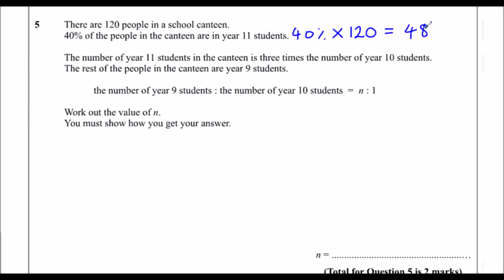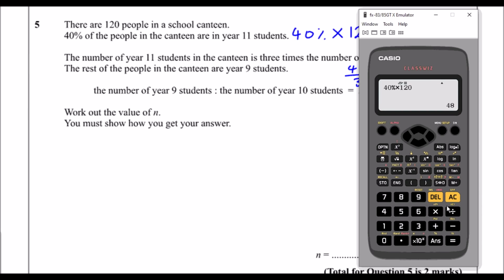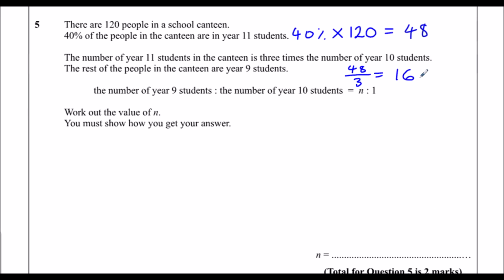So 48 Year 11s. The number of Year 11 students is 3 times the number of Year 10s, so the number of Year 11s divided by 3 will give us the number of Year 10s. So that's 16. So 48 is 3 times 16.